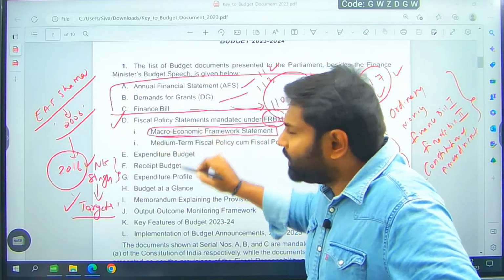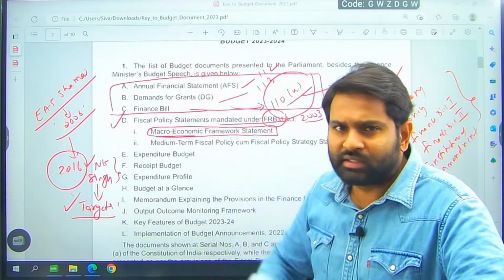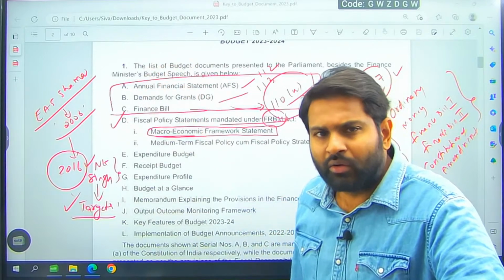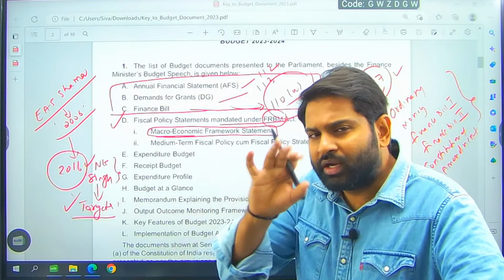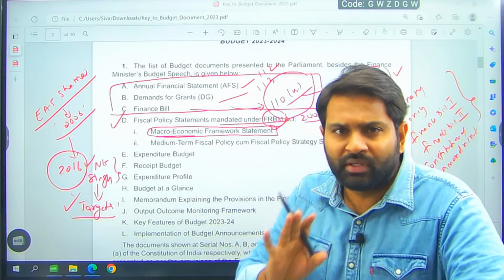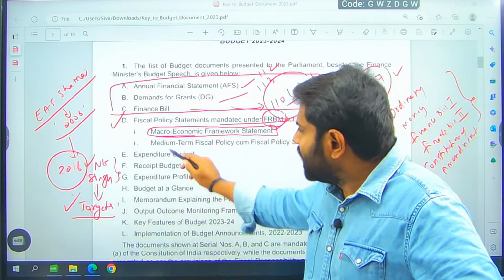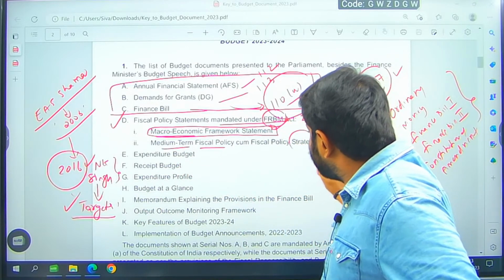What is happening in the Indian economy at present in the backdrop of the Ukraine crisis, right? In the backdrop of the post-COVID scenario, what exactly is happening in India, you will get it in 2 pages from this particular document, including clear-cut numbers, okay. Might be a 7 to 8 page document. And the medium term fiscal policy strategy statement.